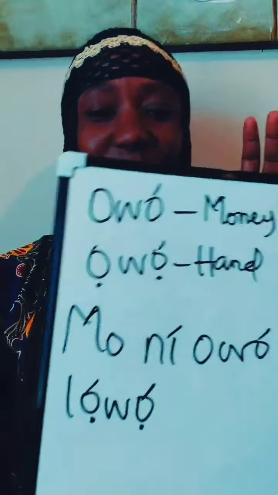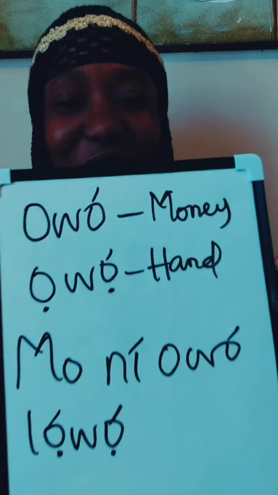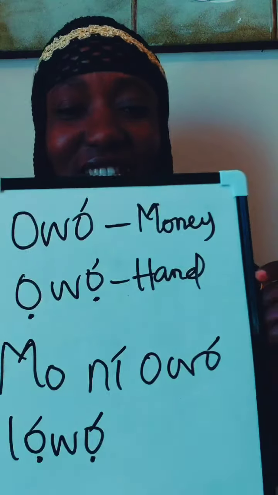Exactly. So what if I said, Owó ọwọ́ lọ́wọ́? This is a tricky one, a very tricky one. But let me see if you understand. Can you guess what that is? What does it mean? The understanding of this one is a little bit tricky, but I'll give you all the benefit of the doubt. So there is owo in the sentence and there is owo in the sentence.